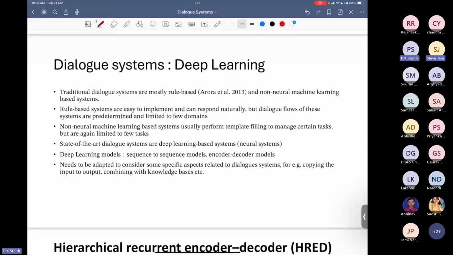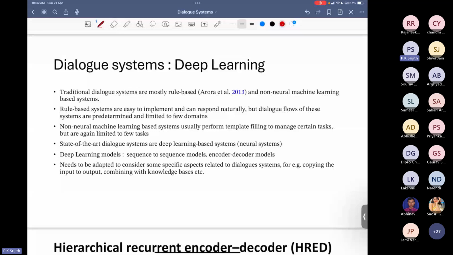But when it comes to dialogue systems, there are some specific use cases for which one may have to develop specific kinds of deep learning models. We will see some examples where one may have to develop specific deep learning models which can copy the input as it is to the output.